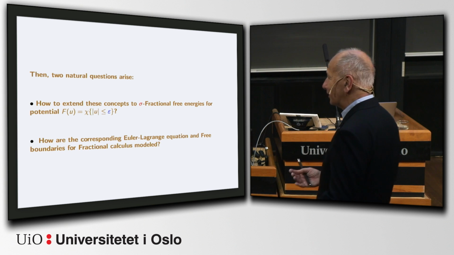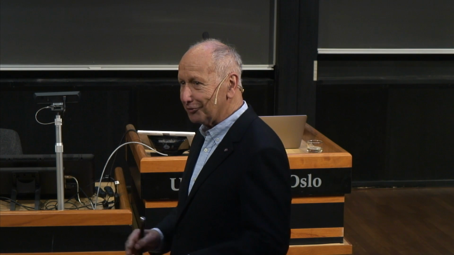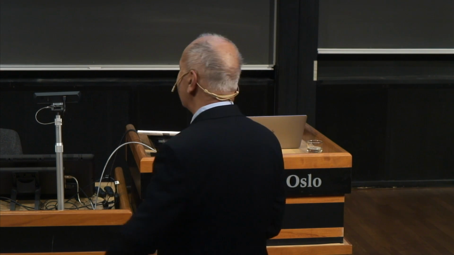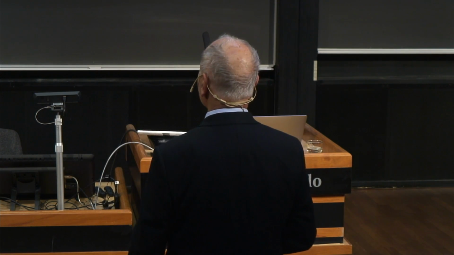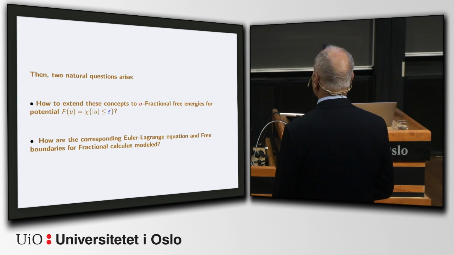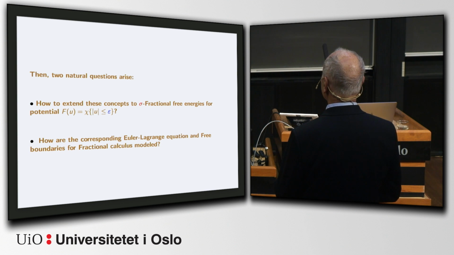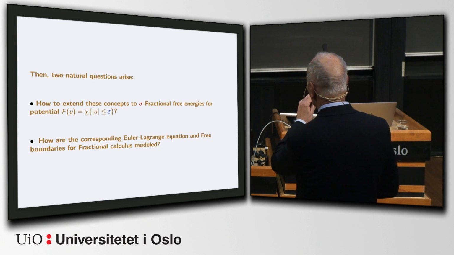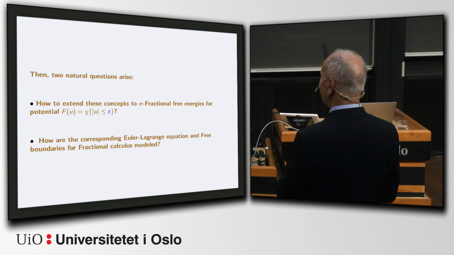So this is one of, I told you, there is a bunch of different ways in which two things come together, okay? And the first one is a classic one, right? So f of u is the characteristic of the absolute value of u less than epsilon. That is when u is close to 0, right?